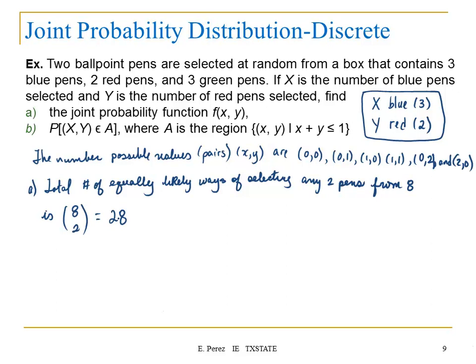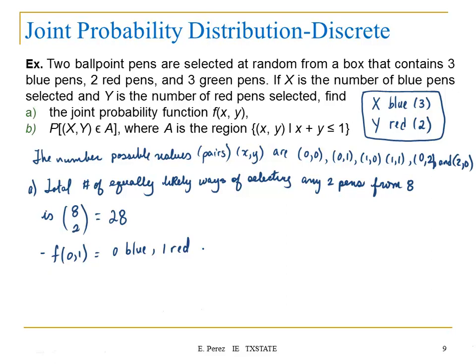Okay, so using that, remember what we're trying to find here is the probability function. So we are looking at probabilities. Let's take one of the examples. Let's say we look at the function of 0 and 1. That means that you have 0 blue and 1 red. And that also means that you have 1 green. But we are not counting the number of green.